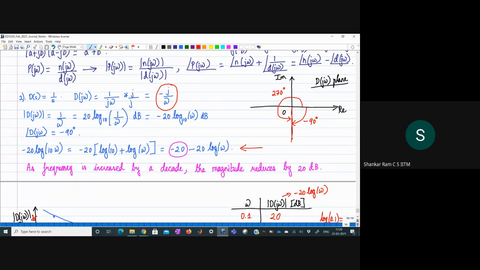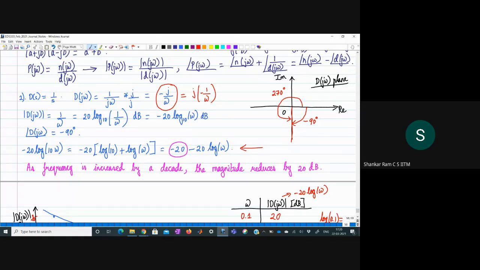The real part is 0, and the imaginary part is always minus 1 by omega, right? So we can rewrite this as j times minus 1 by omega. We can immediately observe that this imaginary part is going to lie on the negative imaginary axis for all positive omega.